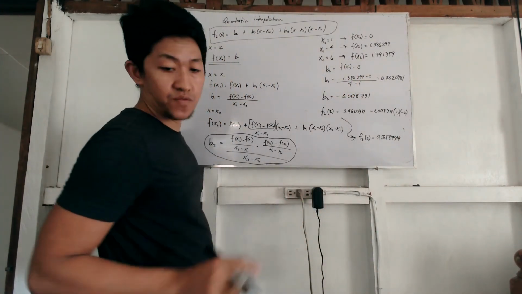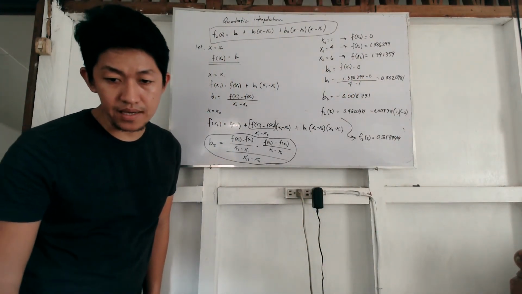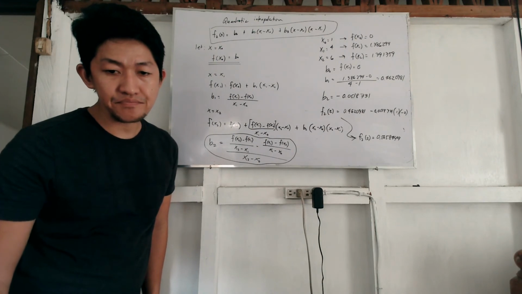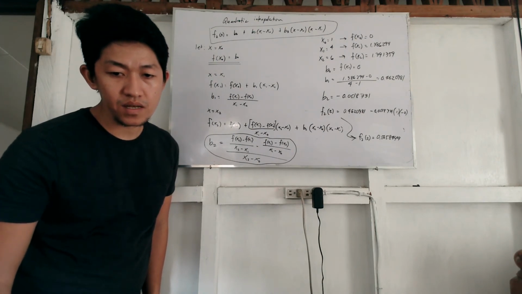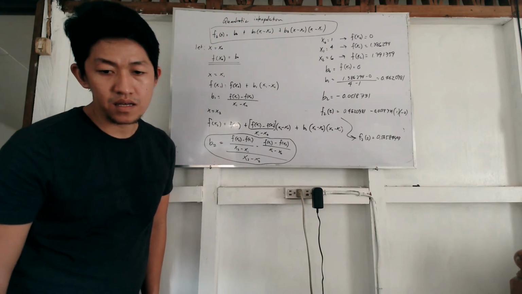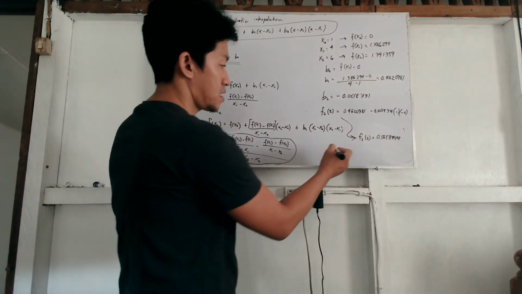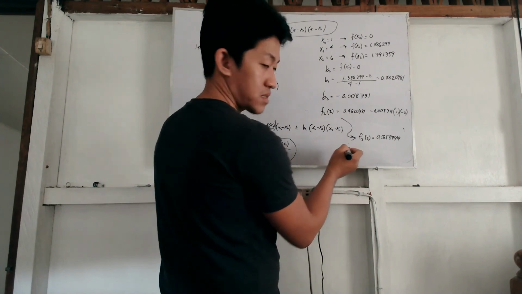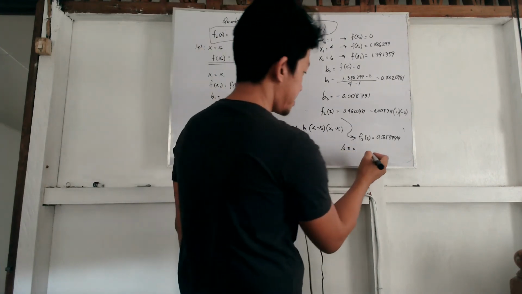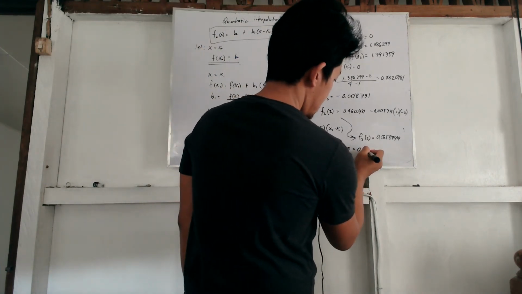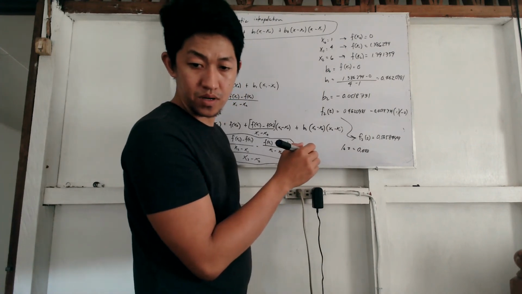Again, the true value of ln of 2 is equal to 0.693147.